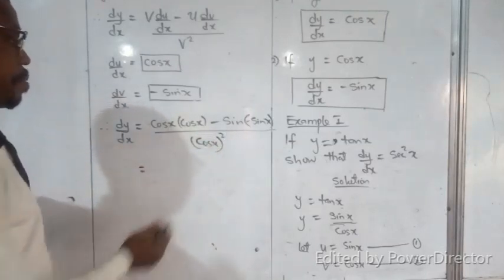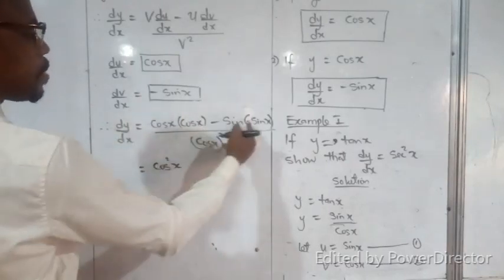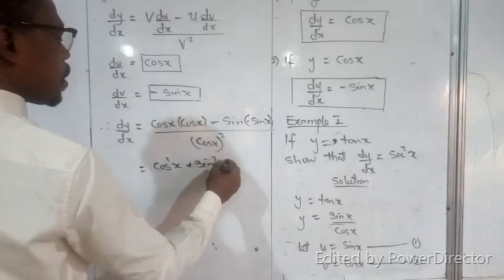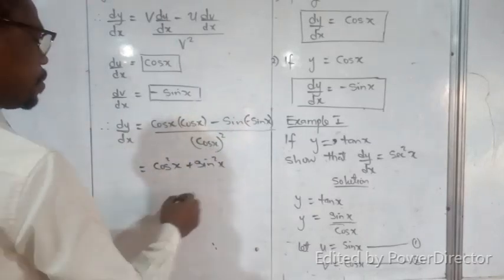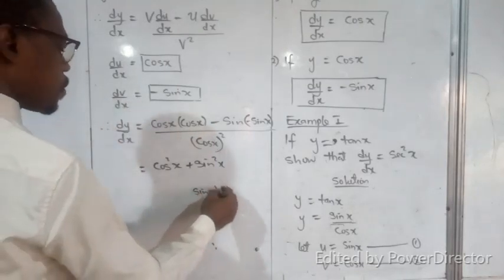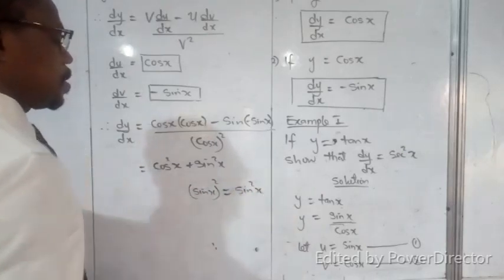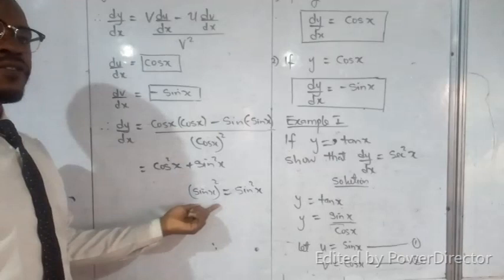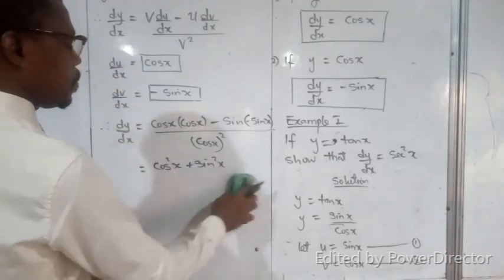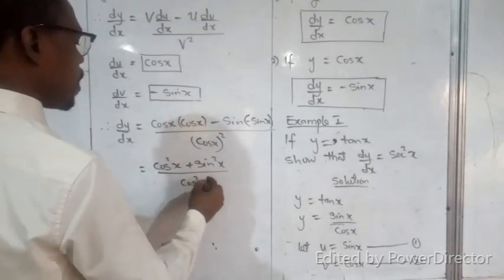So this will become cos square x, minus times minus is plus sine square x. Please note that sine x all squared is the same thing as sine square x. This expression should not confuse you henceforth. They are the same. So the denominator will be cos square x.